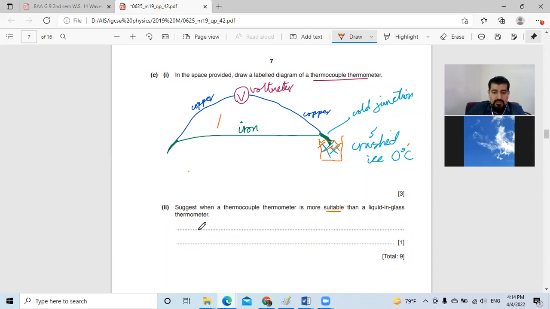So we can write here: when the range of temperature is too high.